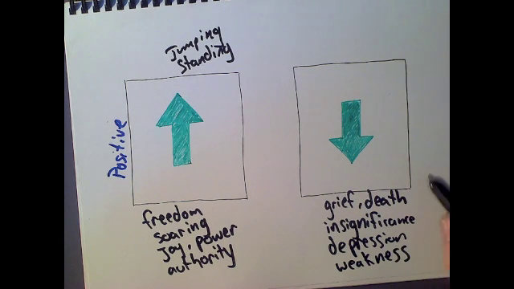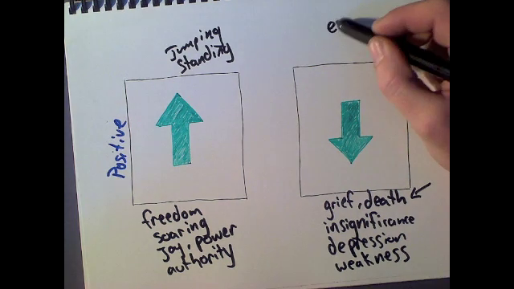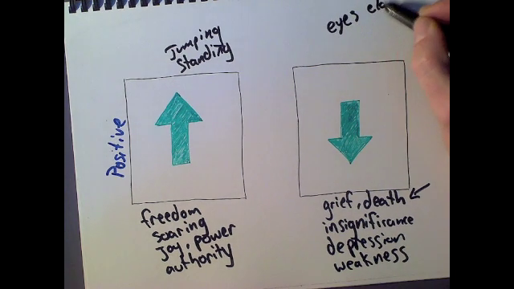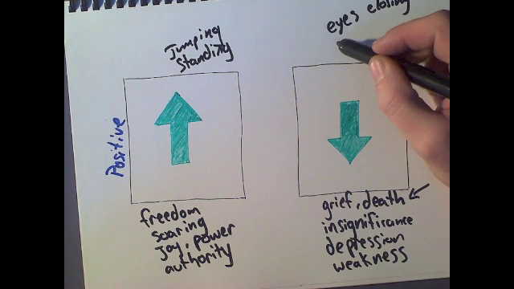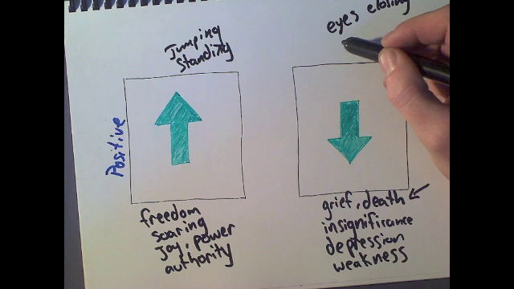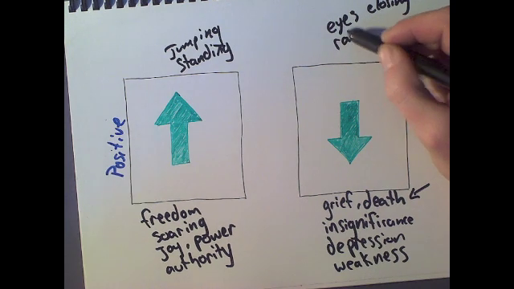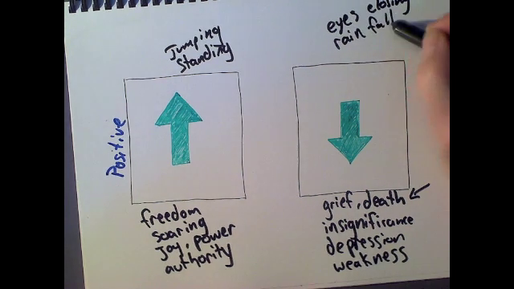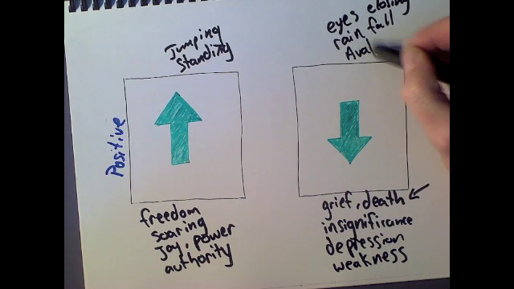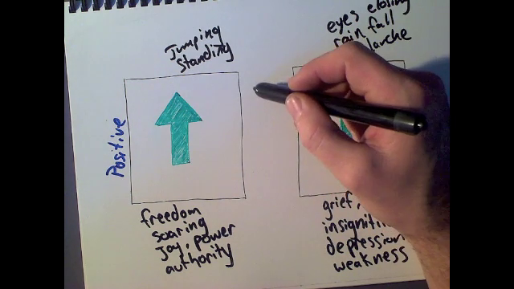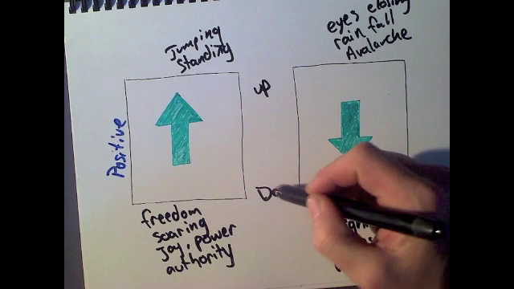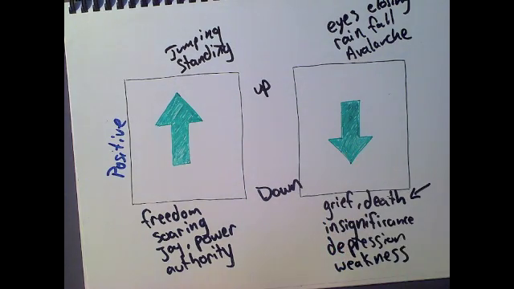A lot of the times, especially with death, you'll notice that things can happen like eyes closing, hands dropping to the side, and even natural disasters and events like rain falling or an avalanche. All can be part of upward and downward movement on screen.